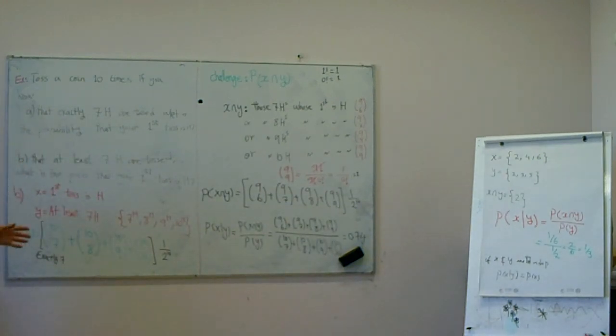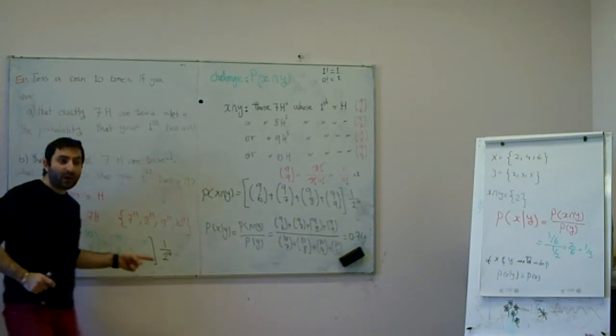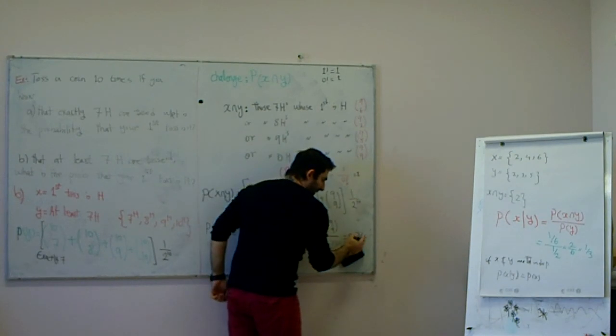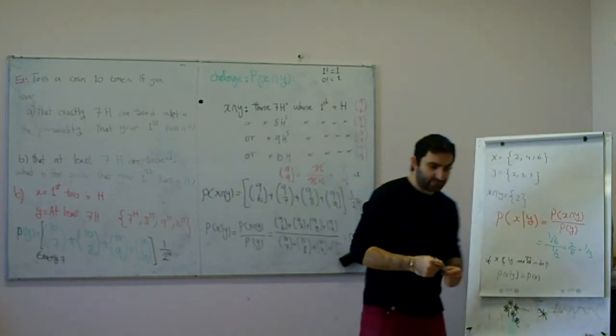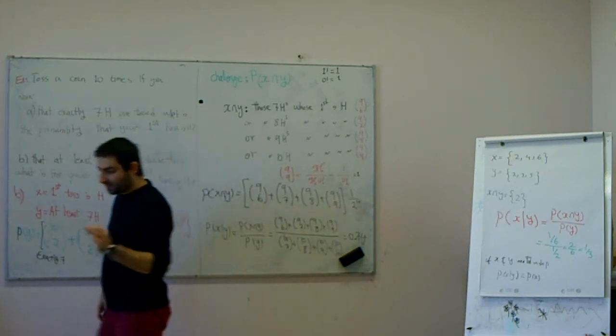Why? Because exactly 7 was part A, and now I'm adding some other parts. So the result must be greater than 0.7, because they are not zero probabilities. They are small, but they are not zero.